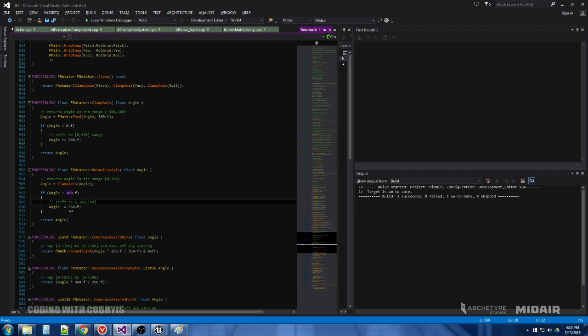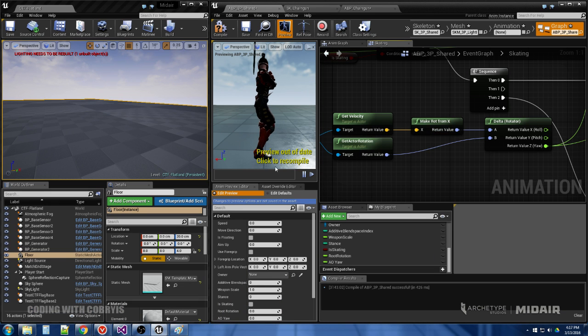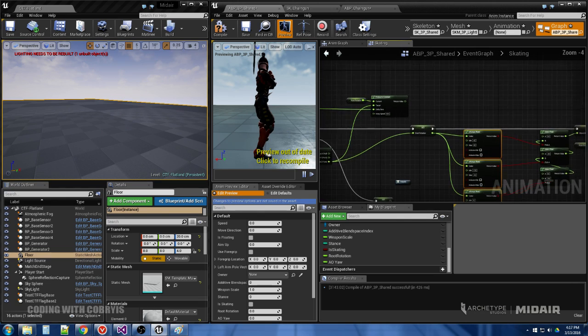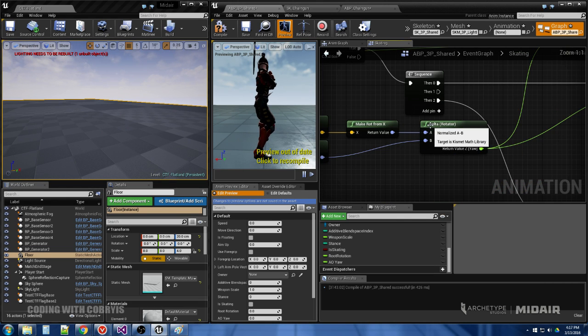It is negative 180 exclusive to 180 inclusive. I don't know where you think I'm doing something that's determined by Unreal's code there, for delta rotator.